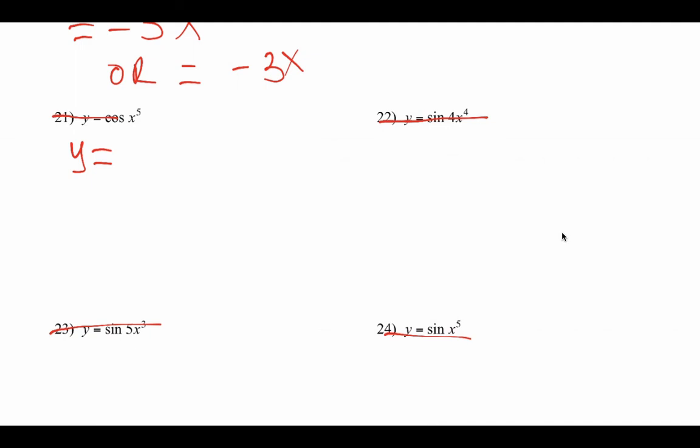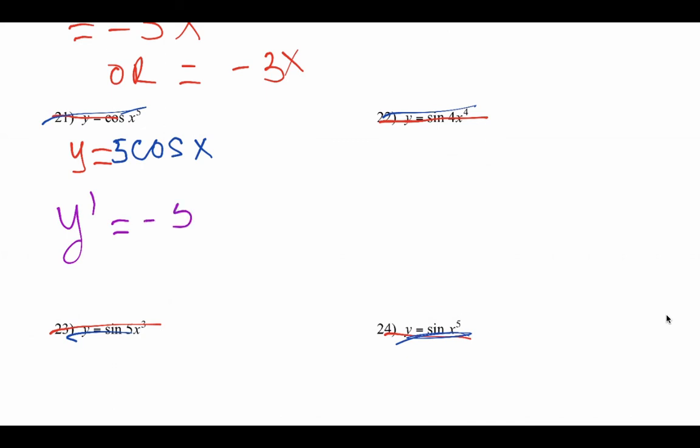I'm going to cross those problems out, but the one that I'm posting for you is not, but I'm going to review trig functions, and you should know trig functions. Who remembers what the derivative of cosine is? Negative sine, yes, correct. So it's going to be negative 5 sine.